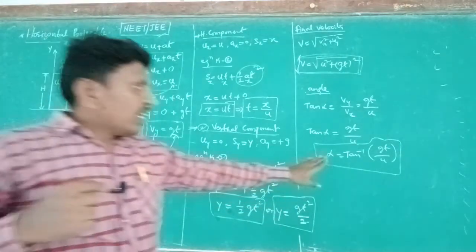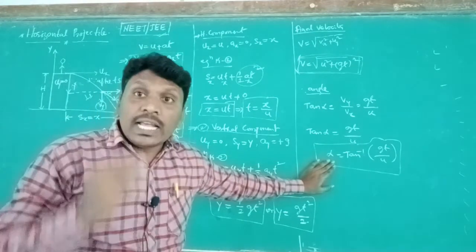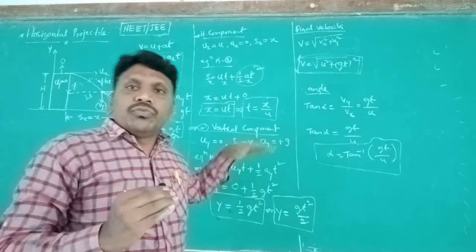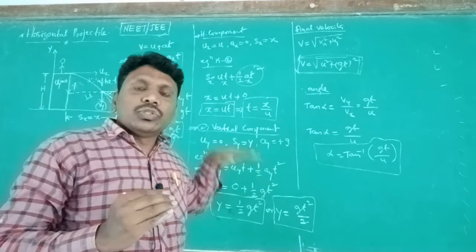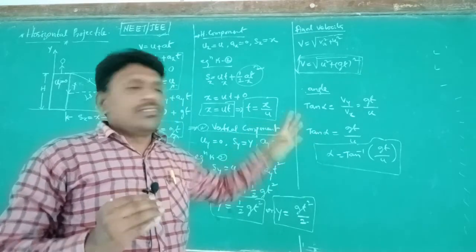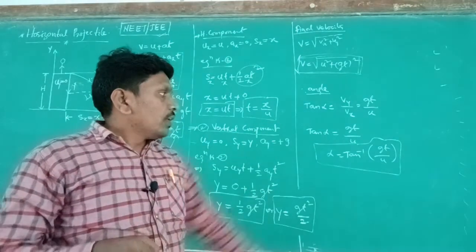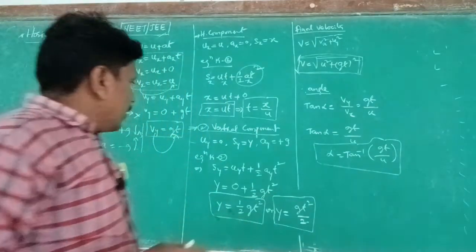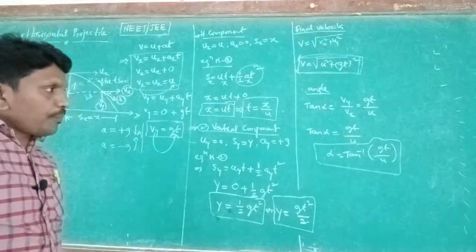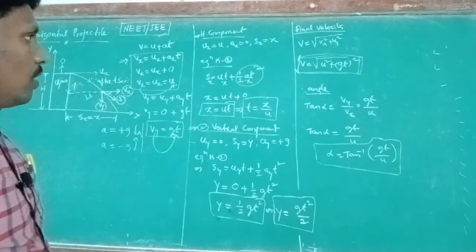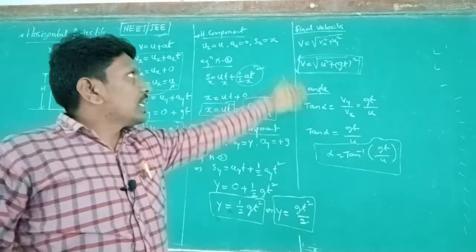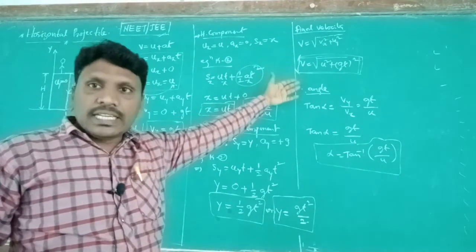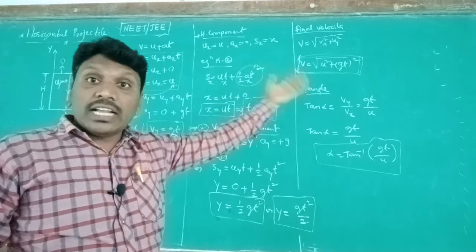So this is very important to find the angle between the final velocity and the horizontal velocity. Here we know that this is u. Now let us see some other equations, like time of descent, and also we can find the range here.